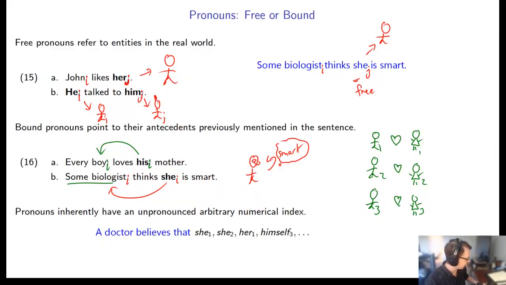A doctor believes that, and then we have she one and she two, and we have a choice. If we have a doctor two who believes that, and then we pick she one, then she one is some other person that's free. But if we pick she two, that means that she is the doctor, and then it's bound. So all pronouns will get numerical indices, so that we can figure out if that pronoun is free or bound.